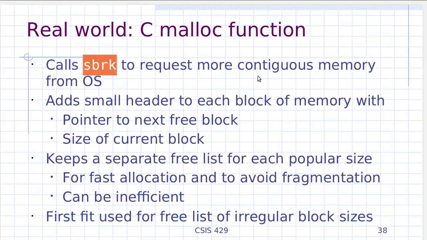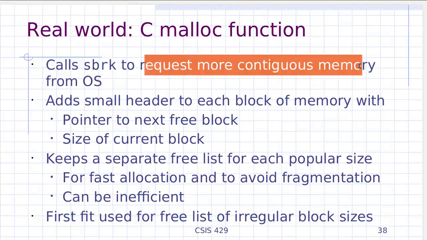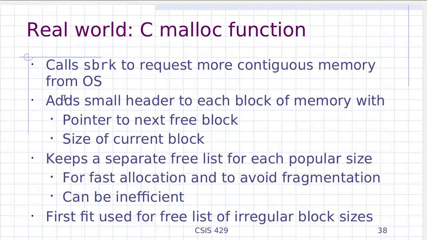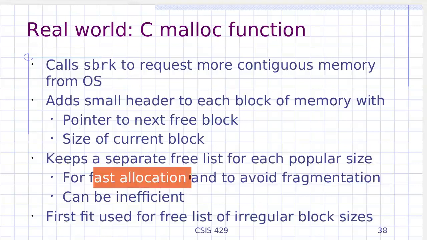I'm going to create a new node of memory, and so it's going to request more of this contiguous virtual memory from the operating system, and then malloc will add a small header to each block of memory with the pointer to the next free block, the size of the current block, and so on, as we saw in that linked list. And then it will keep a separate free list for each popular size, so that if you get a request for one of the popular sizes, that allocation is going to be fast. And then also you can avoid fragmentation.